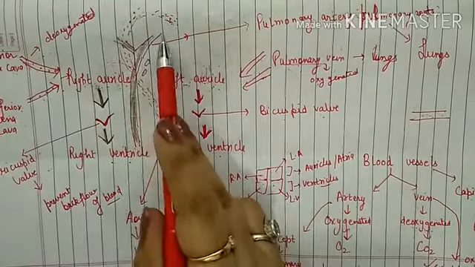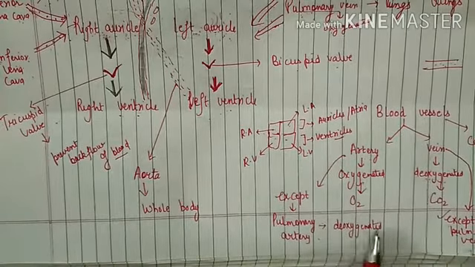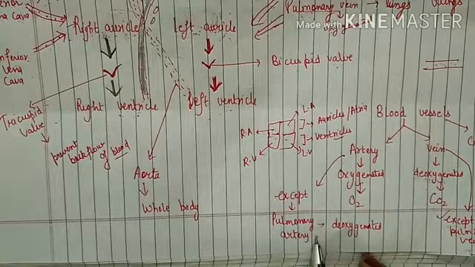Then there is a blood vessel that is known as the pulmonary artery. So we have studied that there is an artery that carries deoxygenated blood, known as the pulmonary artery.